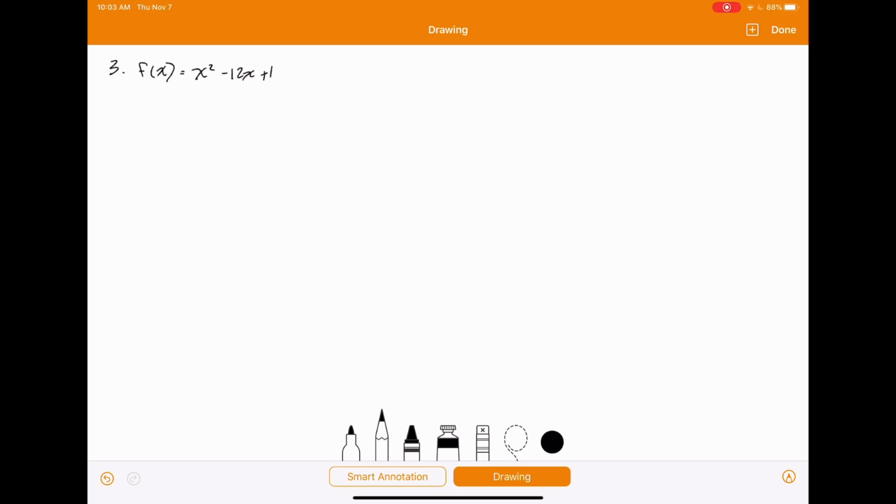Now you'll notice that this one can't really be factored, so we're going to go ahead and use the quadratic formula to find our zeros. The quadratic formula says that x equals the opposite of b plus or minus the square root of b squared minus 4ac all over 2a. So we can go ahead and just plug numbers into here.